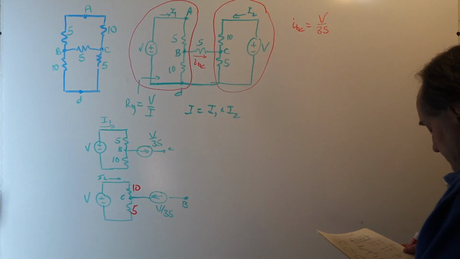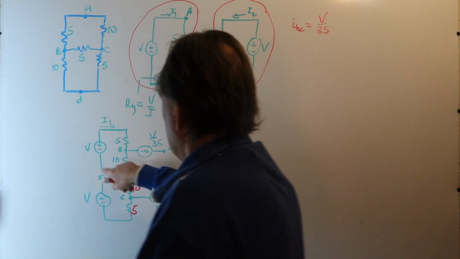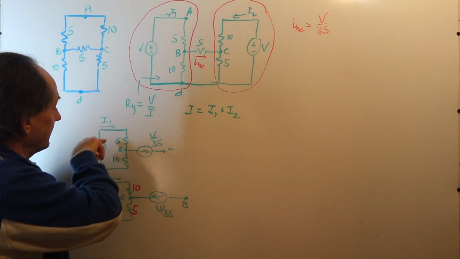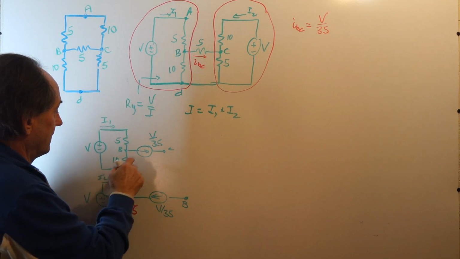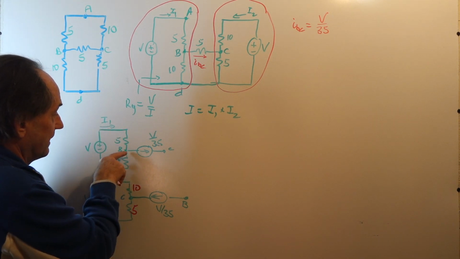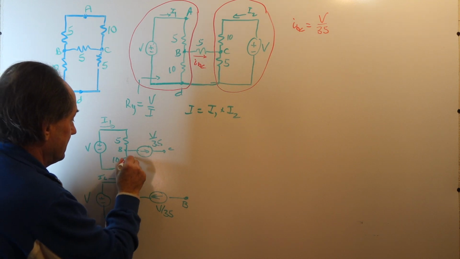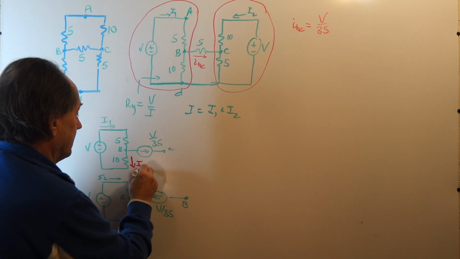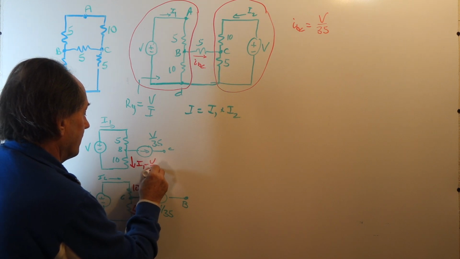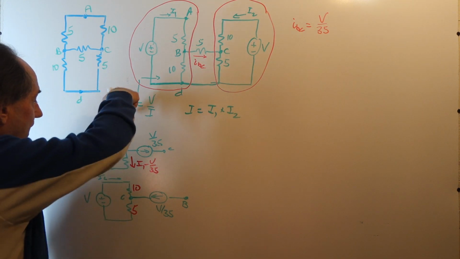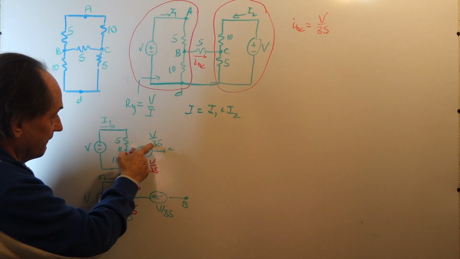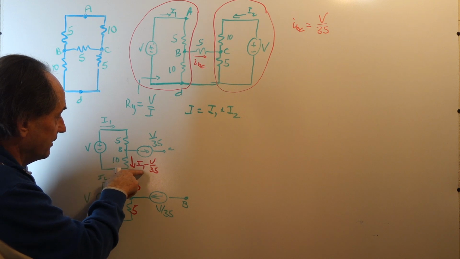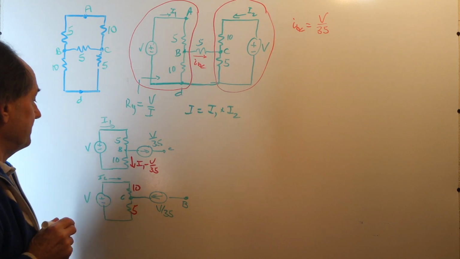So we'll now solve these two little networks. We can use Kirchhoff's voltage law, just going around this loop. If I1 is coming in to this node, V over 35 is leaving, and the current going in this direction is I1 minus V over 35. I1's coming in, V over 35 subtracts from it, so the current in here is I1 minus V over 35.